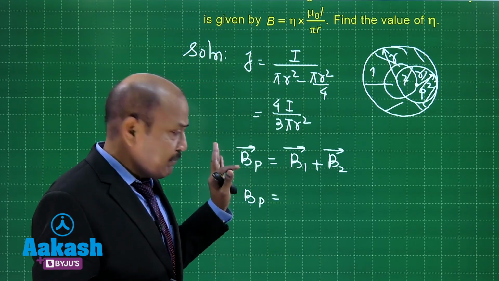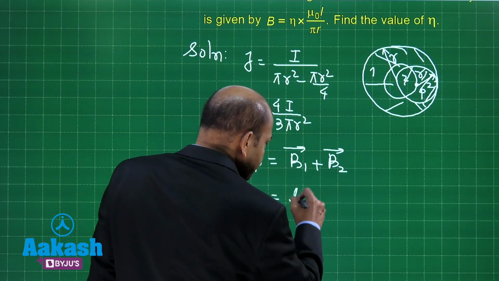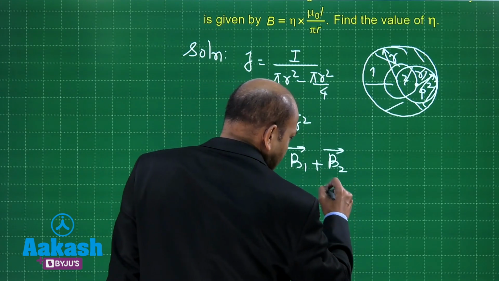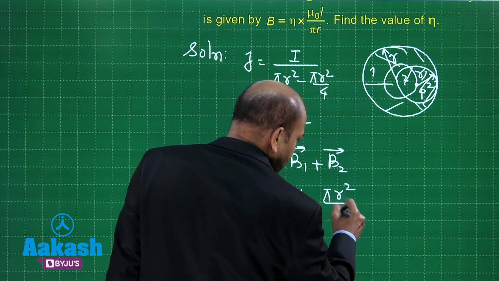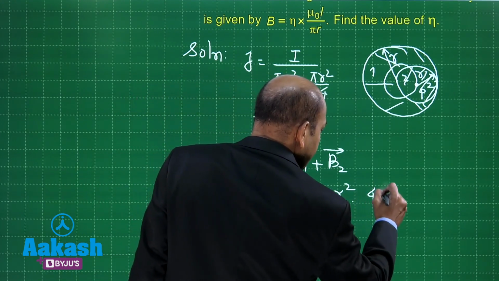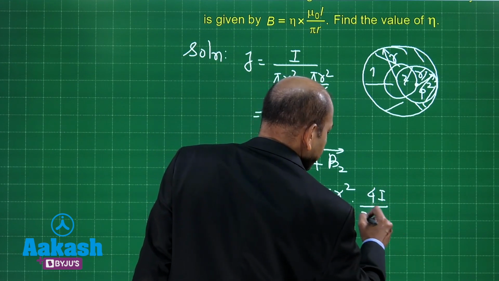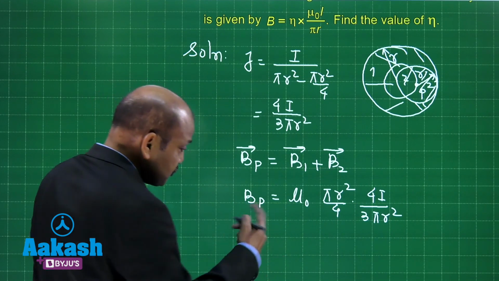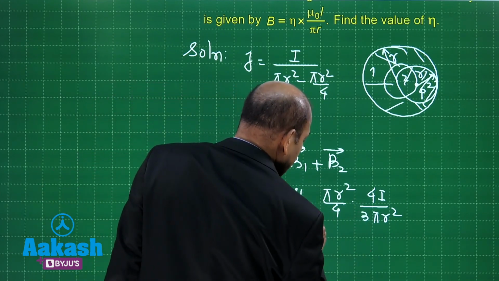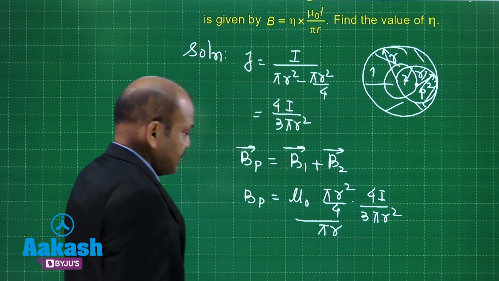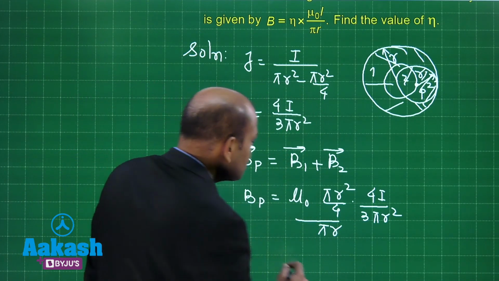So, BP becomes mu naught times the current enclosed within that Amperian loop, which is pi r square by 4 into the current density, and the current density is 4 I divided by 3 pi r square, and then we have to divide it by 2 pi r by 2. That means we have to divide it by pi r.